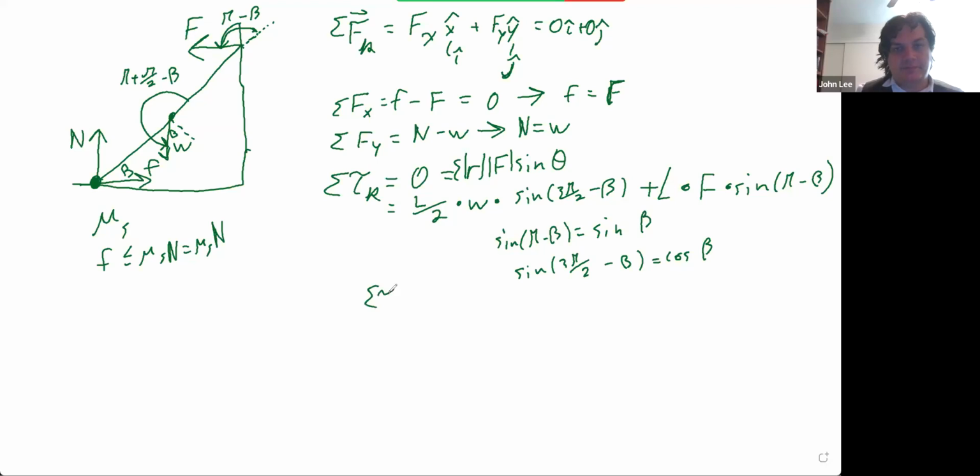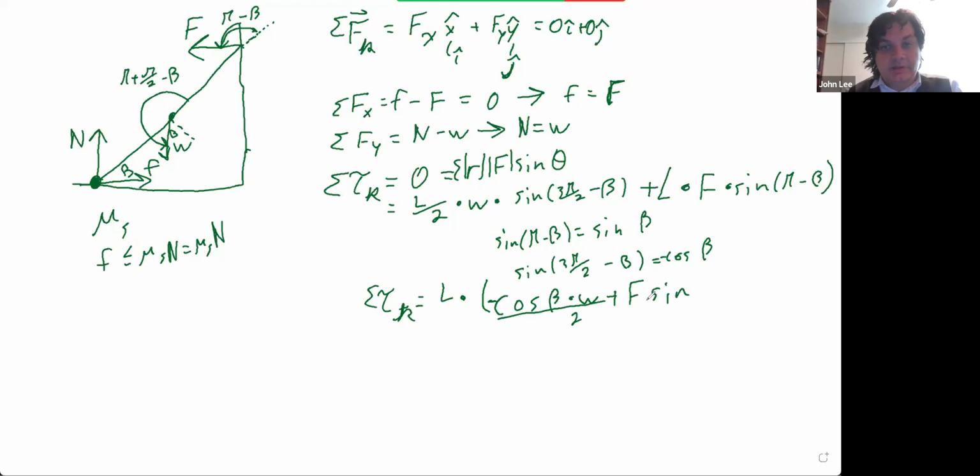So sigma torque is equal to L times cosine beta times weight, or negative cosine beta times weight, plus L times F times sine beta, and then this is over 2, equals 0.